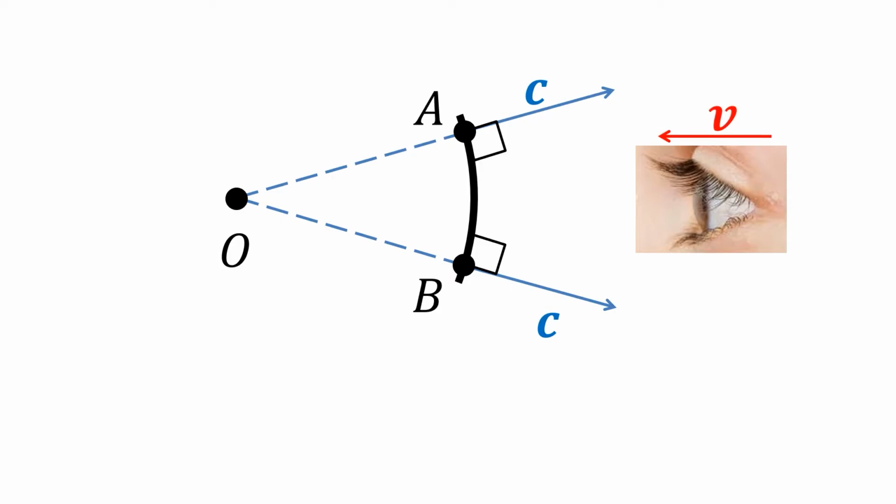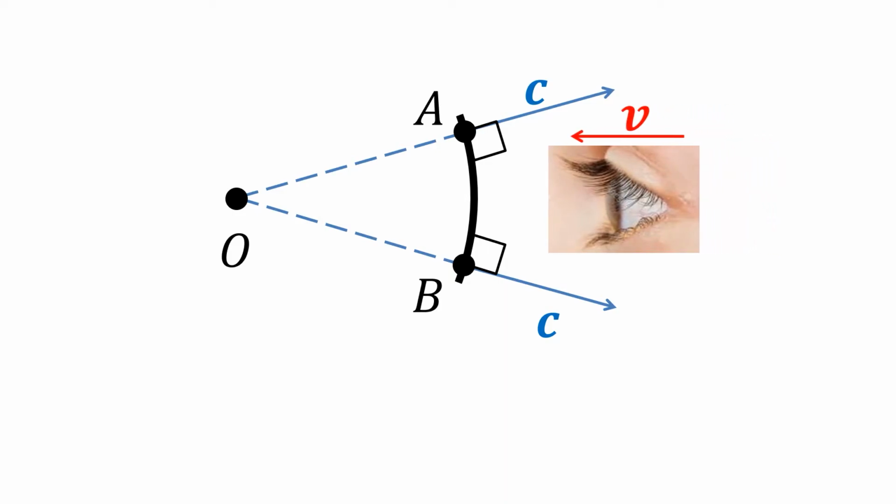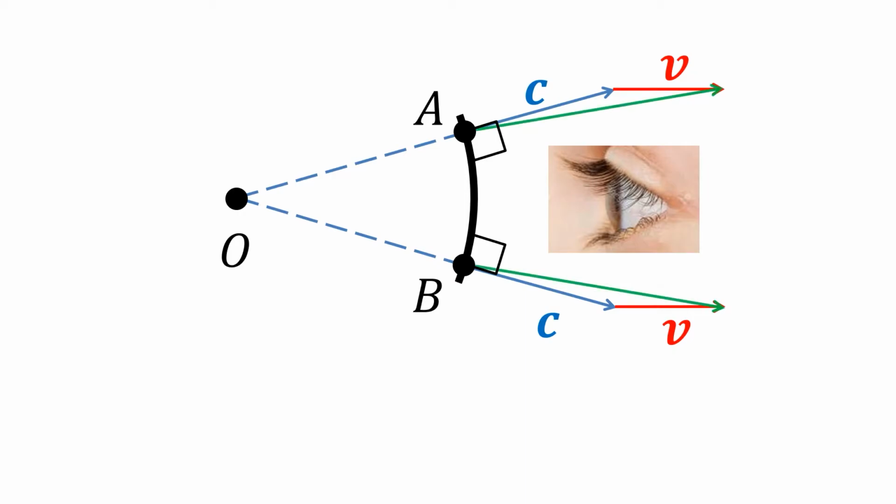Let an observer move towards the center of the wave at a speed of v. We know that when we are moving towards an object, it seems that the object is moving towards us. So these two situations are equivalent. The velocity vector of the observer can be added to the velocity vector of the wave in the opposite direction. The resultant velocity vectors are shown in green, and they correspond to an illusory wavefront having a different curvature.